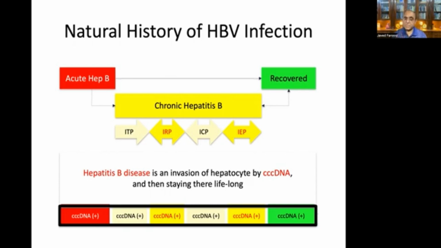That's the reason we say that chronic hepatitis B behaves like hypertension and diabetes, where you can control the disease, but you cannot eradicate it, as we are able to eradicate chronic hepatitis C from the liver. We cannot eradicate hepatitis B from the liver.